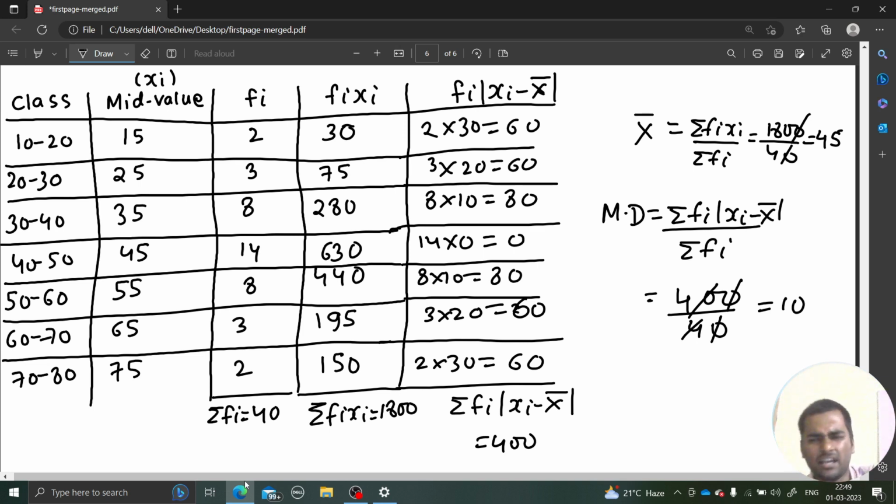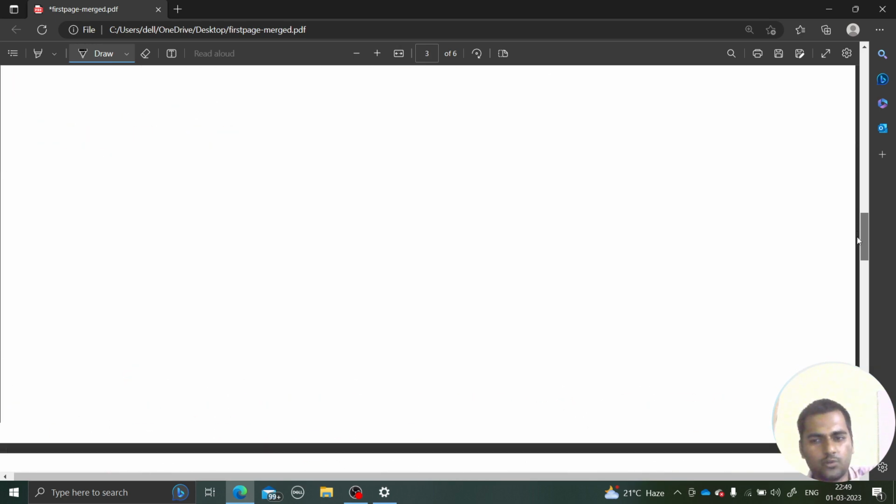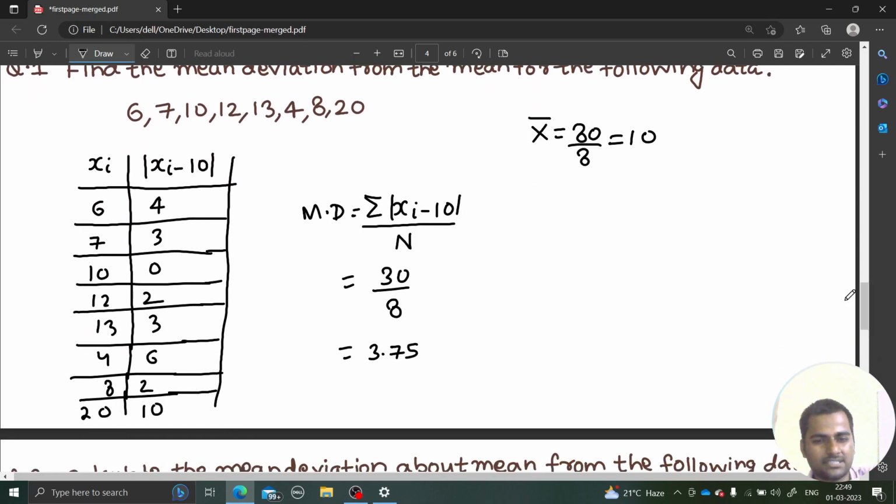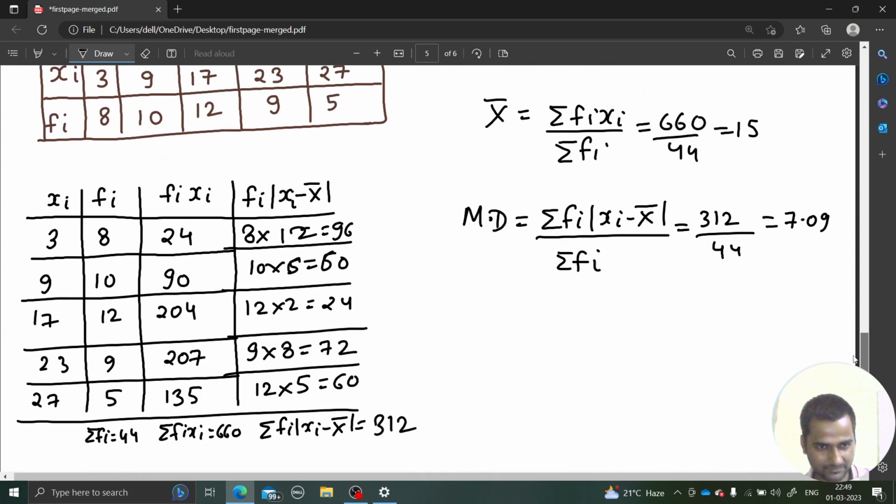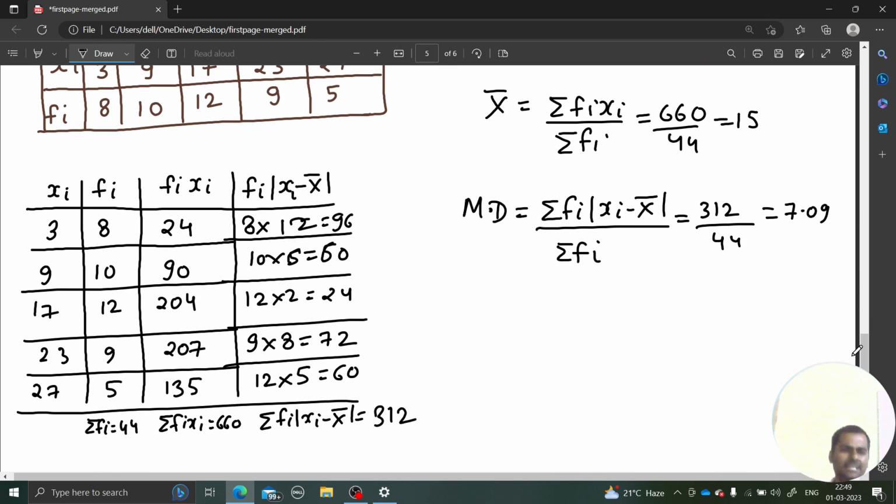So yes, I hope it was simple today, not at all complex. For the ungrouped data, it is simple enough. Just xi minus mean, sum that up, divide by the number of observations. Here things change slightly. Here instead of n you have summation fi, that means you have to add all the frequencies to get the number of observations.